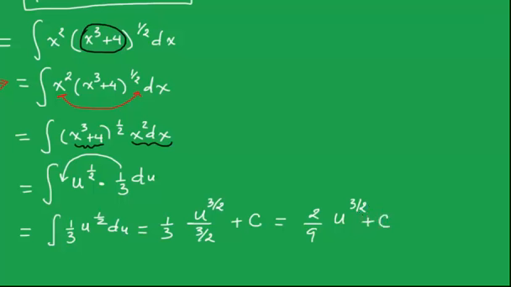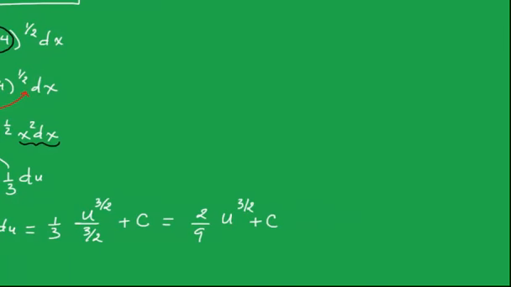But remember, we still have to replace u by x cubed plus 4. So this becomes 2 over 9 (x cubed plus 4) to the power of 3/2.